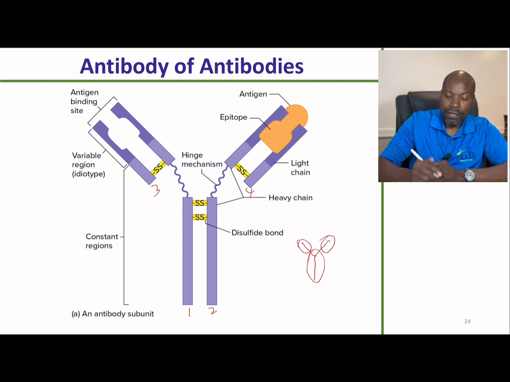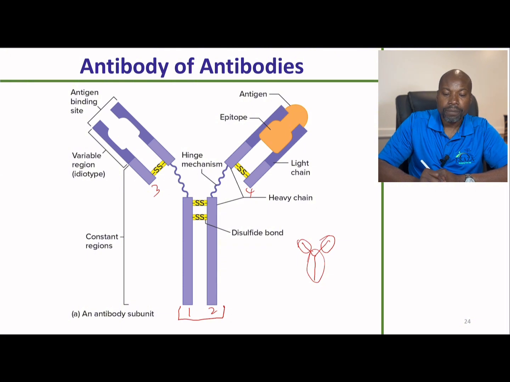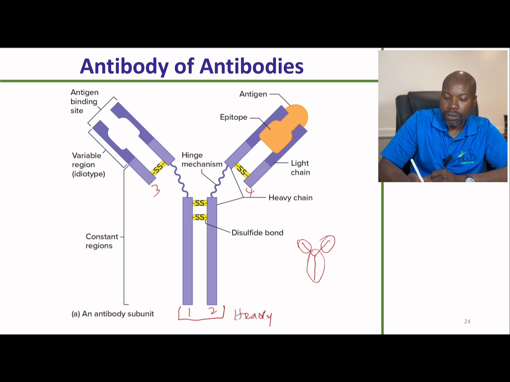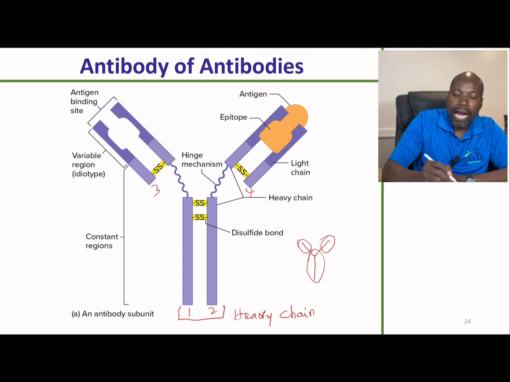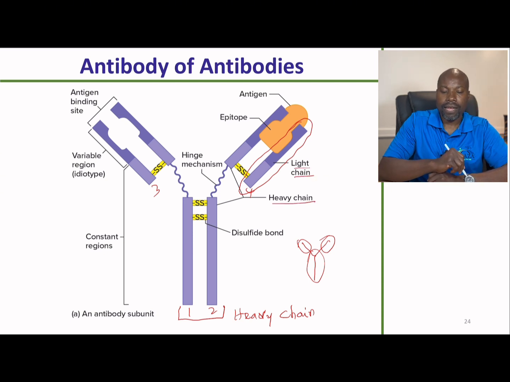We have the first group right here, which is called the heavy chain. And we have the light chain. This is the light chain. Light chain and heavy chain right here.